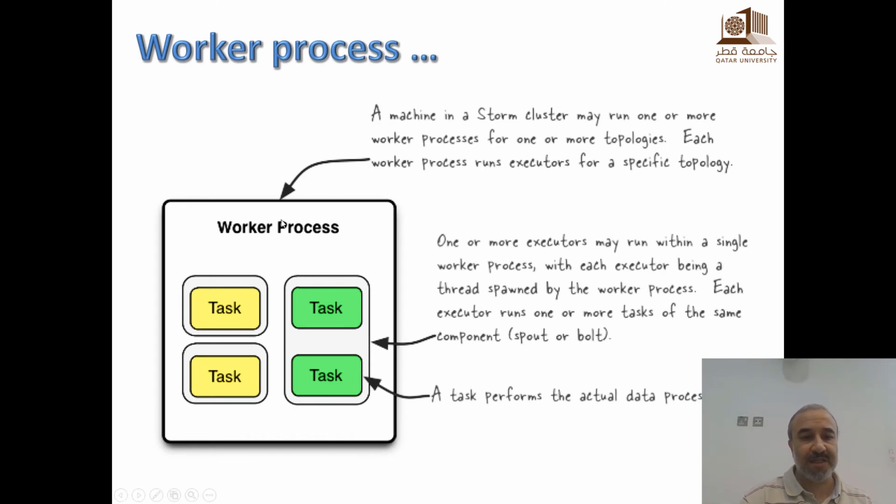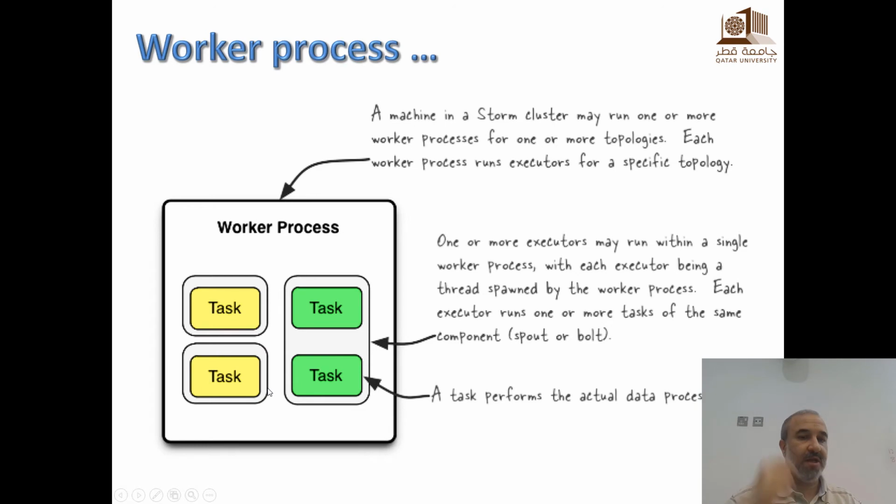Okay. Here is another view. So the worker process might have, so now these boxes, the white boxes, are the executors. Okay? And the color indicates the bolt or spout. Okay? So a worker process belongs to one topology.